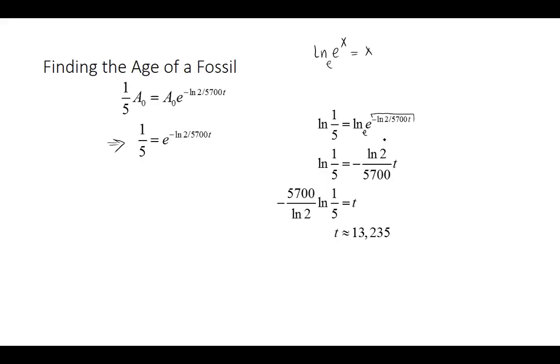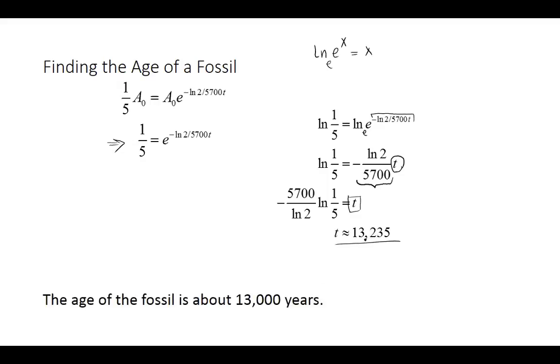Now I'm going to solve for t. All this stuff in front of t is the coefficient of t, which is a constant number, so I can divide both sides by this constant to isolate t. The rest is just plugging this number into your calculator, and that should give you t, 13,235. So the age of the fossil is about 13,000 years.